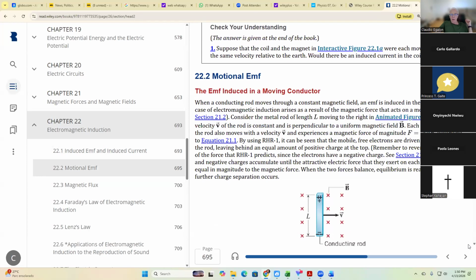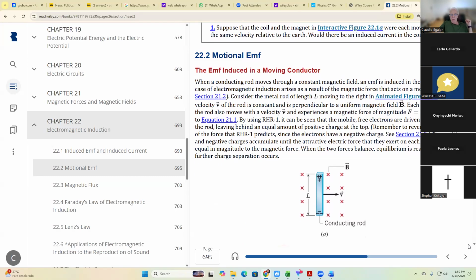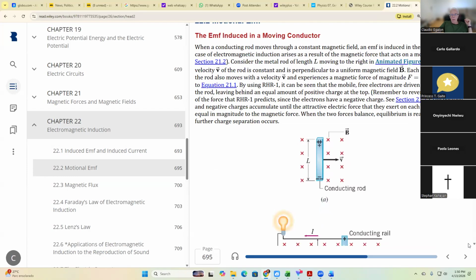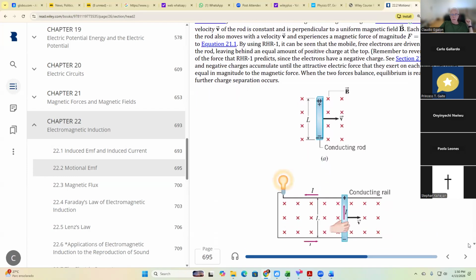Okay, and there is another way of doing the same thing. Motional EMF. If you get a conducting rod moving in a magnetic field, according to the magnetic force law, it's like having electric charges moving in this magnetic field.